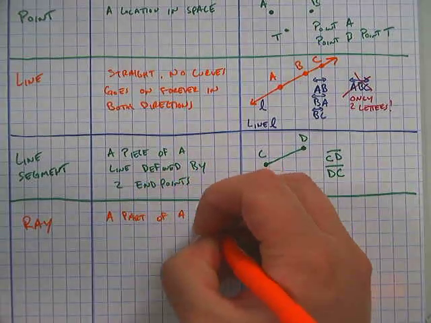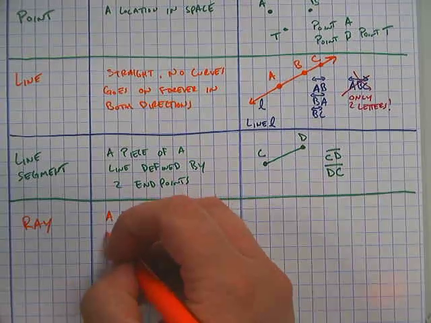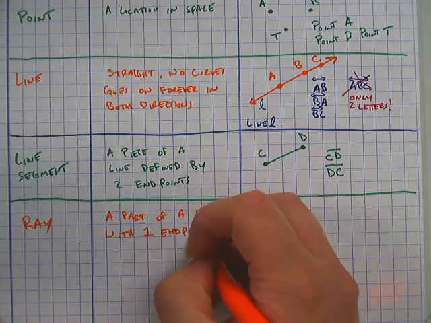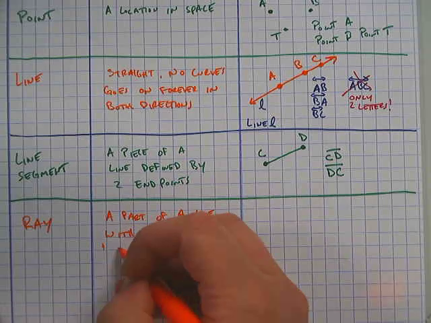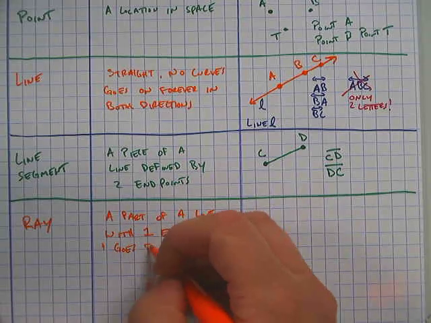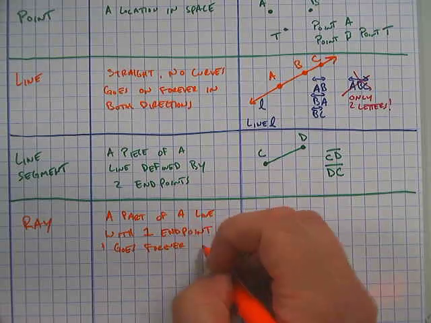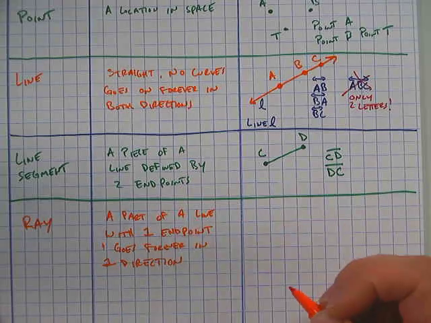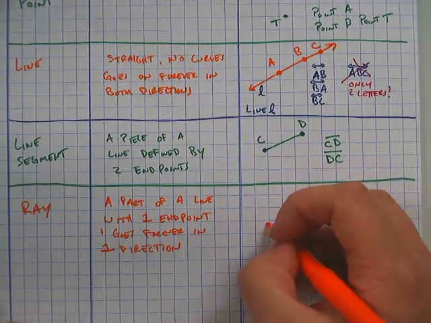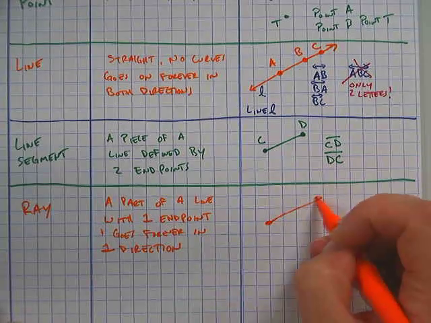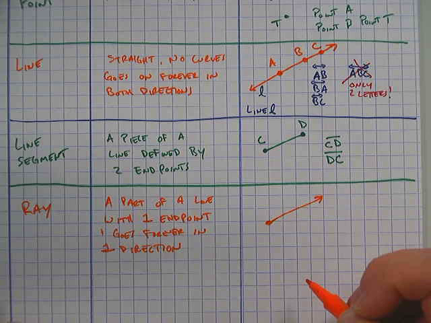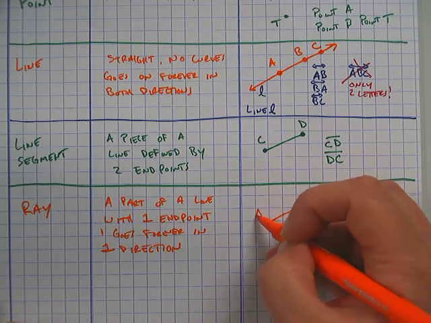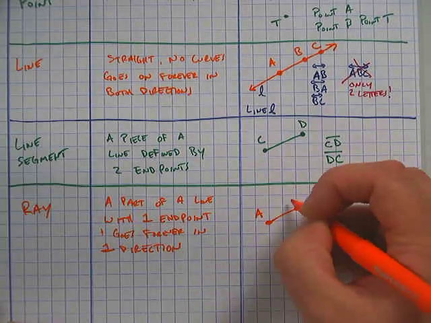If you were to take a line at one point and cut it there, it is a part of a line with one endpoint and goes forever in one direction. So for example, we'd have one endpoint and it goes on forever in one direction.